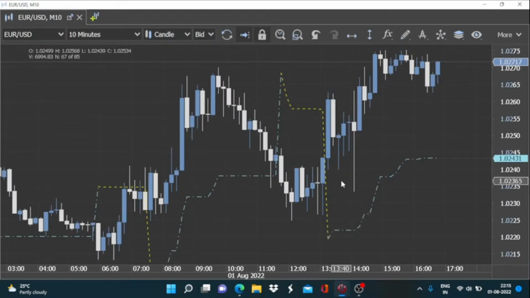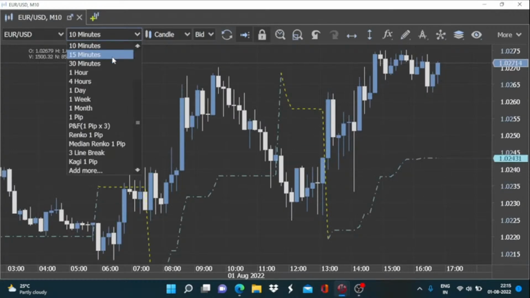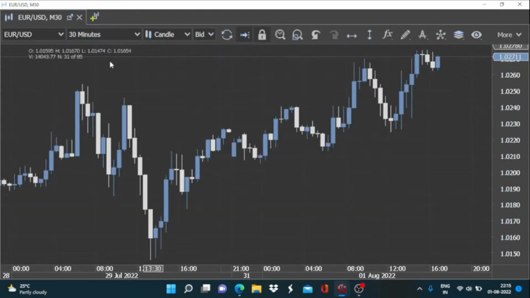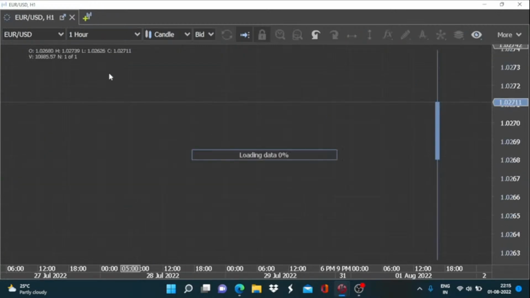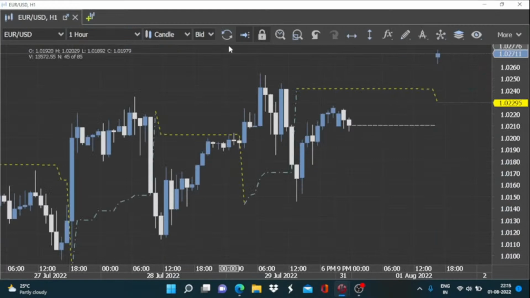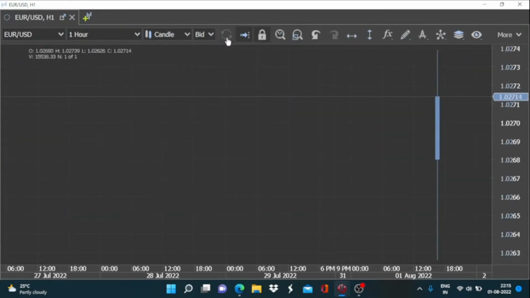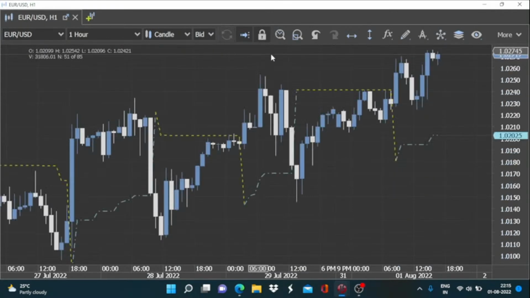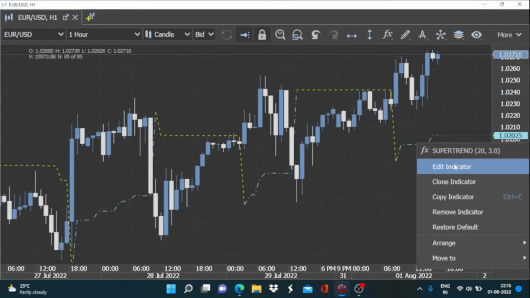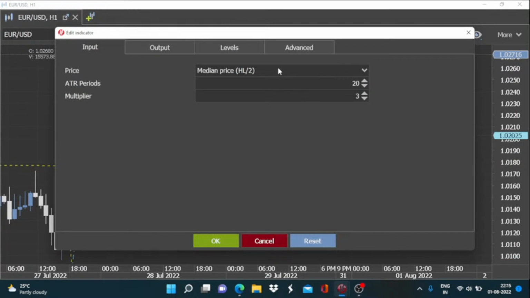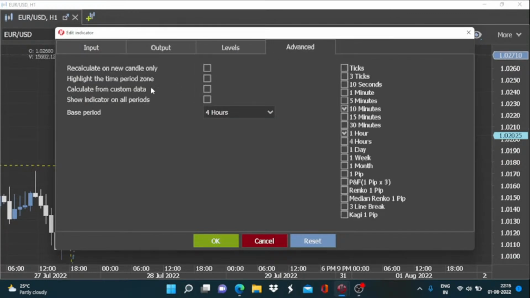So that's how this system works. Okay, now if I make it say half an hourly, there won't be any plotting of this super trend indicator. Alright, so let us now make it hourly. So this is how this combination works. Quite an interesting setup to work with.